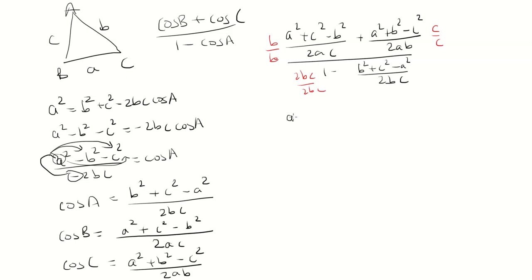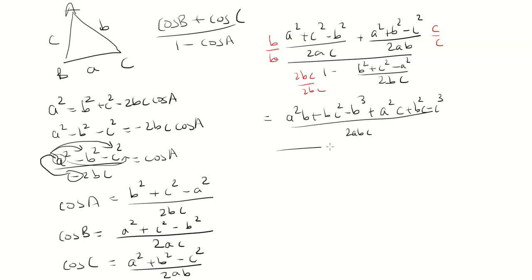So we'll get a squared b plus bc squared minus b cubed. And now they're going to have the same denominator, so I'm just going to combine it now. So we'll multiply the c to the a squared, b squared, and c squared, and that's going to be all over 2abc.